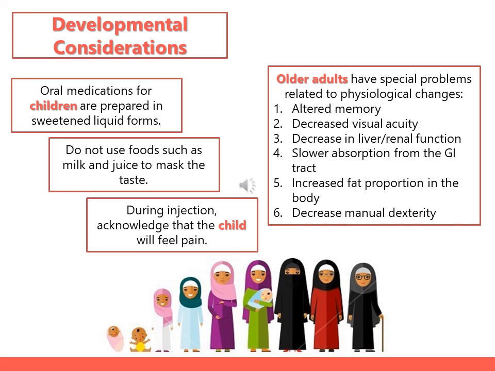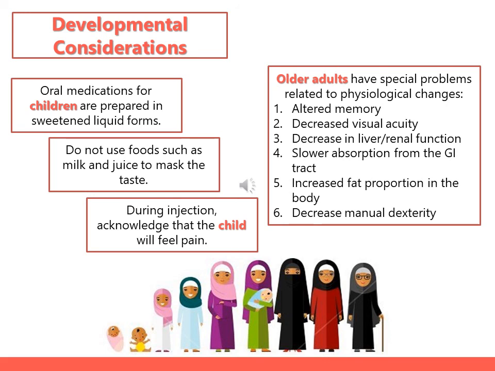Another developmental consideration, when you are giving medication to older adults, always remember that adults have several physiological problems. There are some bodily functions that decline as you get old. And these physiological changes might affect some processes or medication actions in the body.